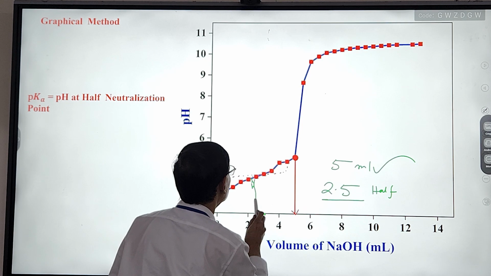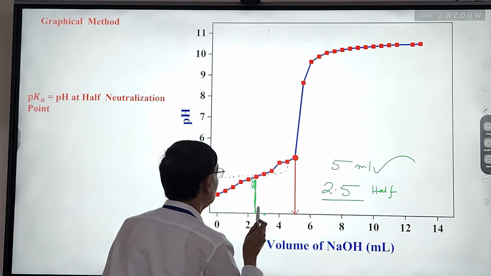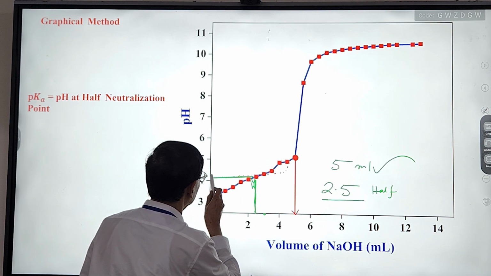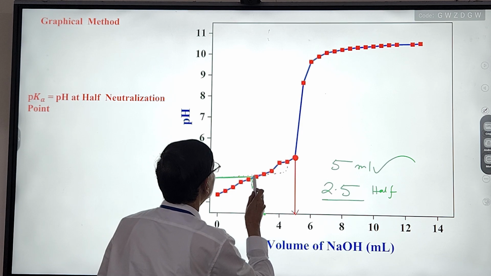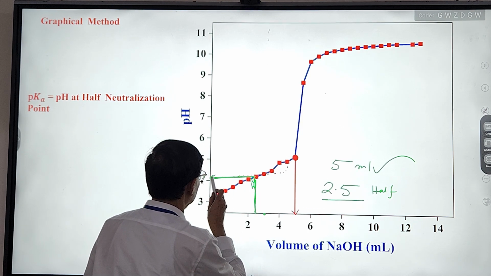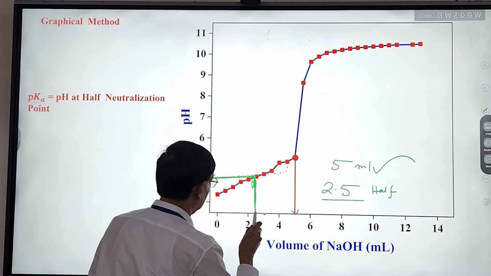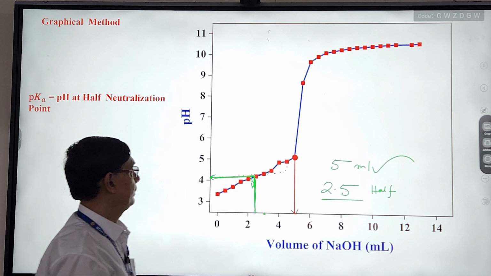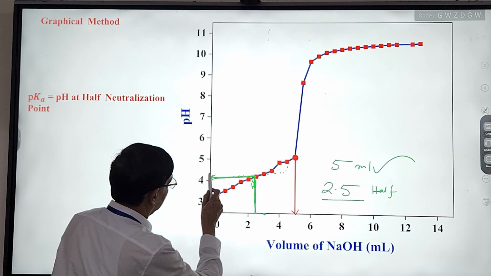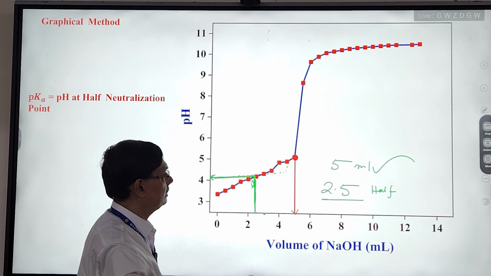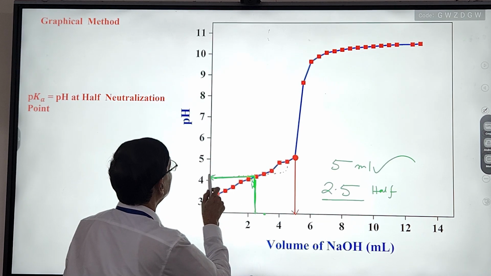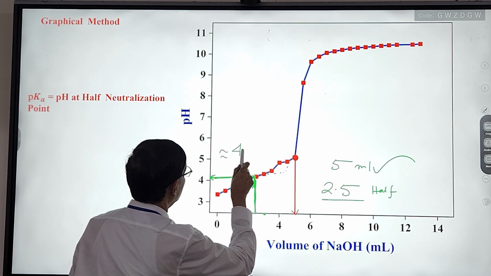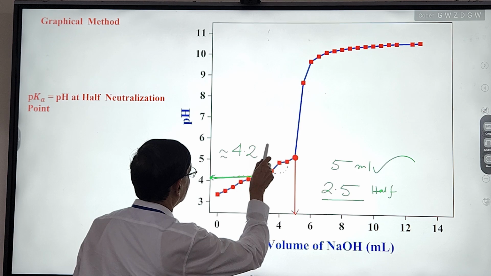If I have a scale, approximately this point, actually this point. If it is 3, it is 2.5. Maybe we'll check from the graph or in your computer calculation. I think it may be 4.2, because every time we'll get the correct value approximately.